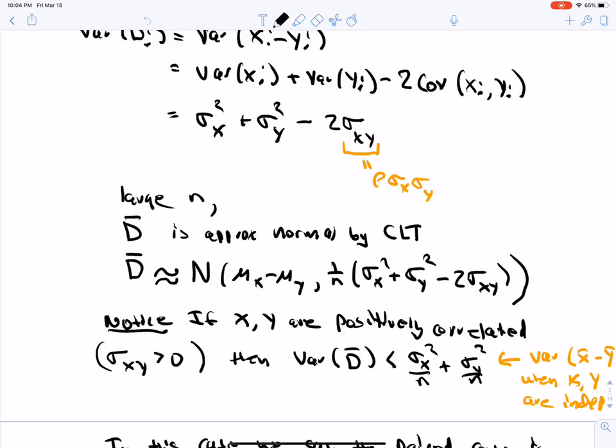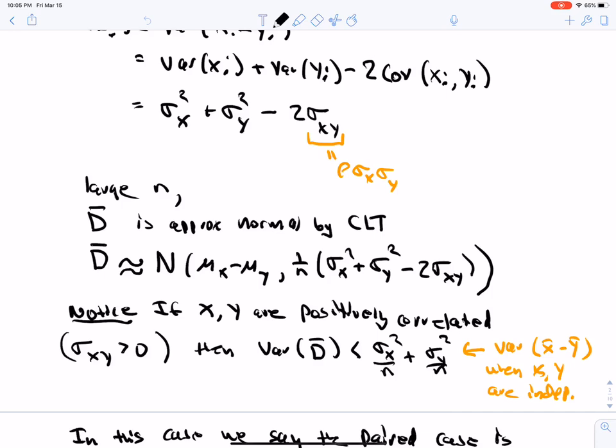So notice that if x and y are positively correlated, in other words, that covariance term is positive, then the variance of d bar is less than the variance of x bar minus y bar when x and y are independent.